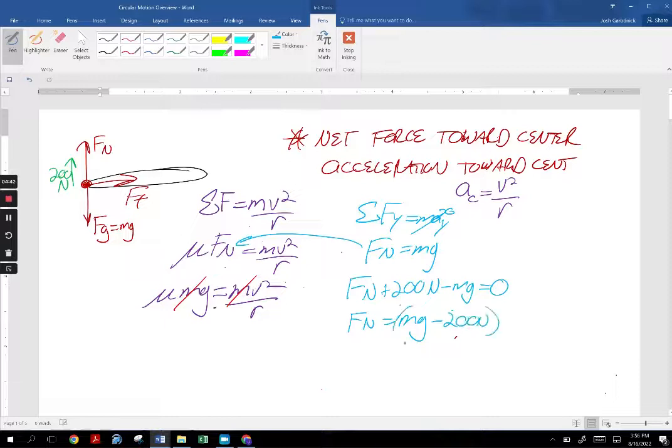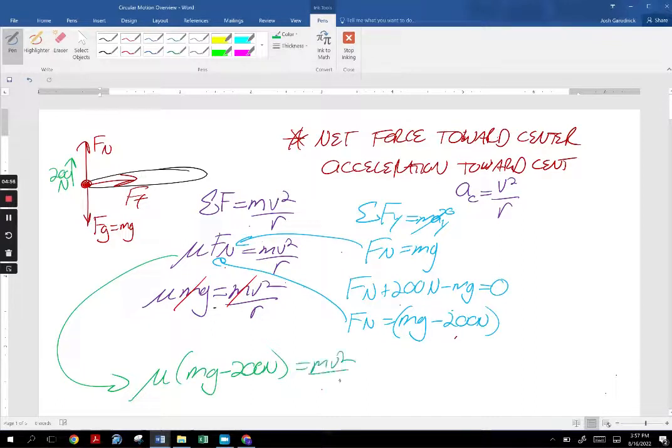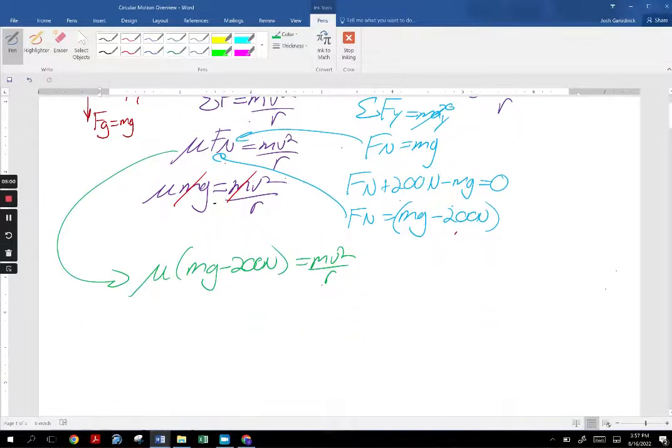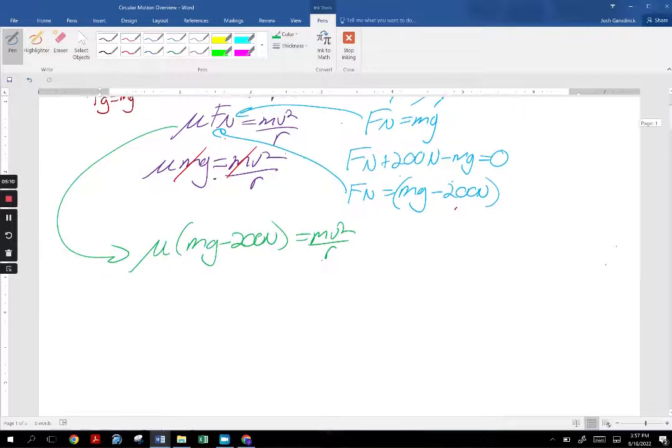And I'm just doing this as an example to prove something, because then when I substitute this in here, the difference is that now I get mu times the normal, which is mg minus 200 newtons, equals mv squared over r. Do you see an m in every term here? Because I don't. And if you don't, then it doesn't divide out. Just be aware of that. All right, so that's horizontal circles with friction.